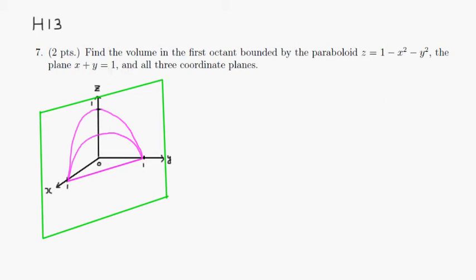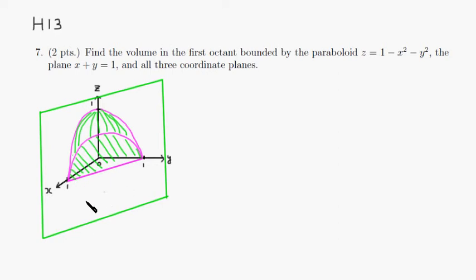So the bullet shape looks like this. Here's the bullet shape going on. This is the solid that we're looking at, and you have a flat cross section here. That's the solid that we're looking at.